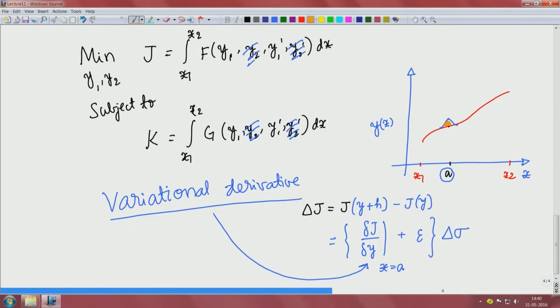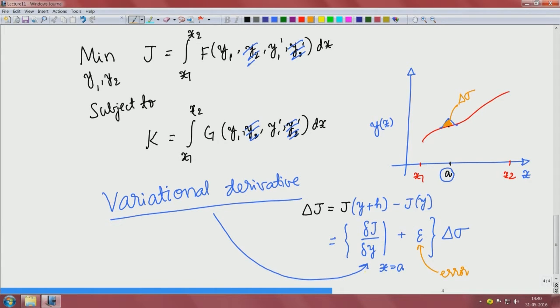Just imagine that this red curve is like a rubber band, and at x equal to a you have pulled it up. Then there will be a little extra area, that is delta sigma. This is an error term because we put an equal sign here, since the first variation is a first order term.